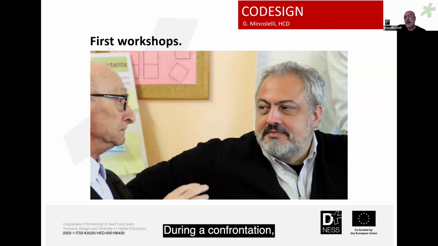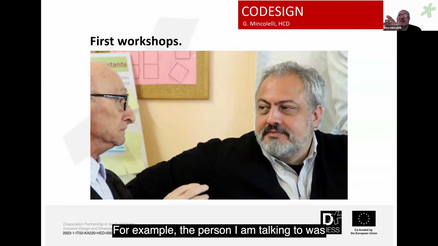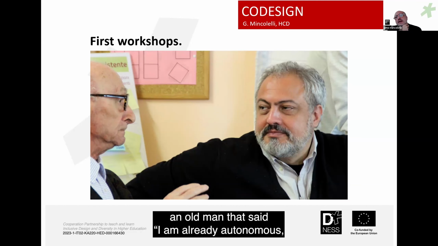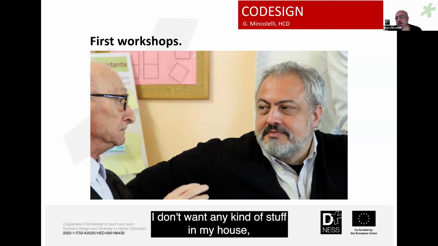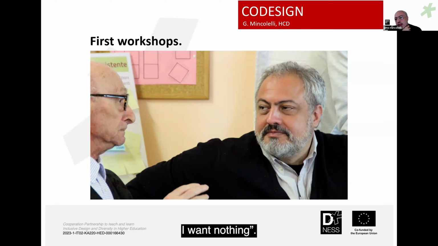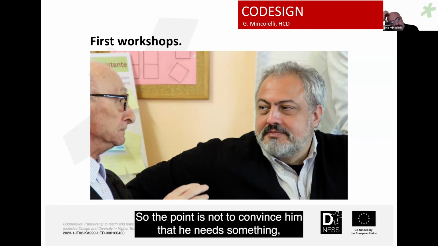During confrontation, not everybody is cooperative. For example, the person that I am talking to was an old man that said, I am already autonomous. I don't need anything. I don't want any kind of stuff in my house. I don't want anything. So the point is not convincing him that he needs something.